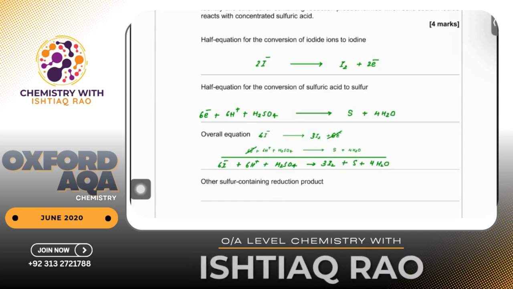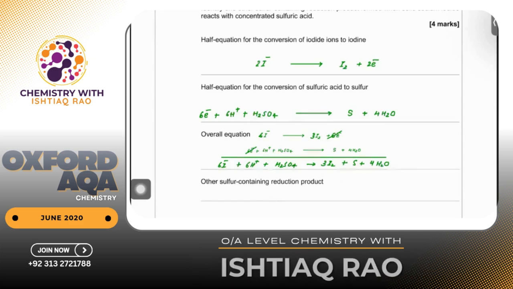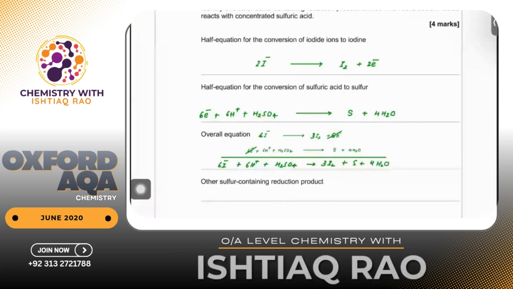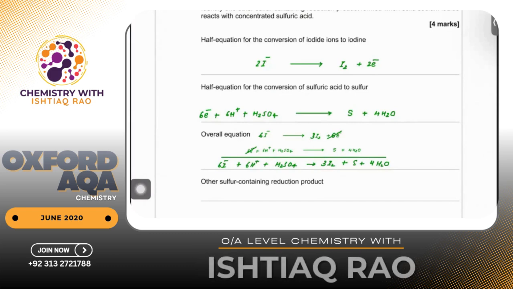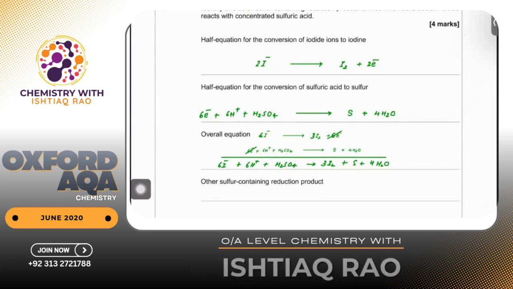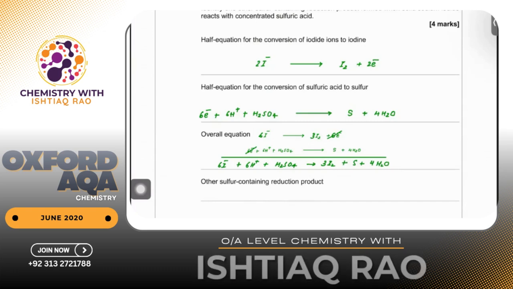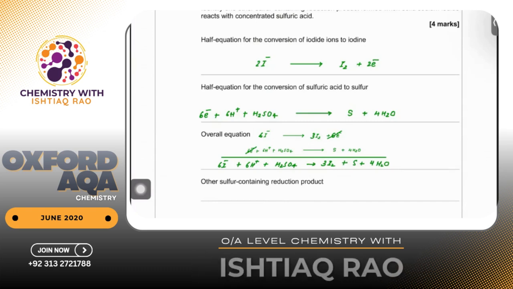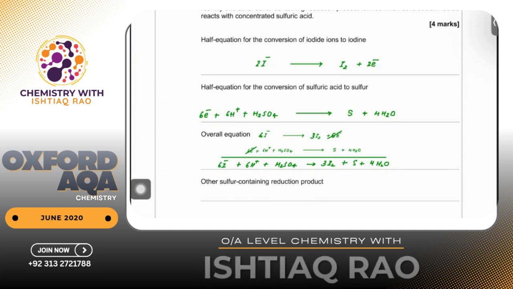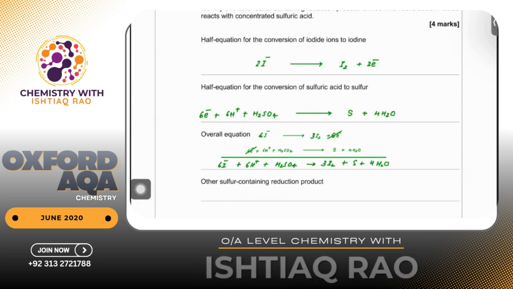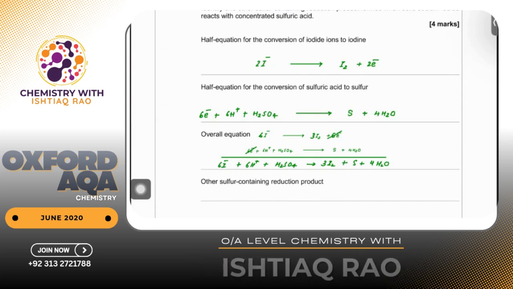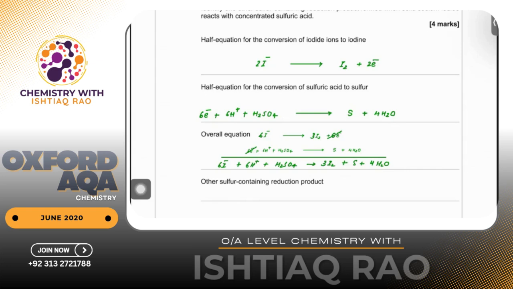Other sulfur containing reduction product. What do they mean? Any other product in which the oxidation number of sulfur would be lower as compared to sulfuric acid, in which the oxidation number of sulfur is plus 6.